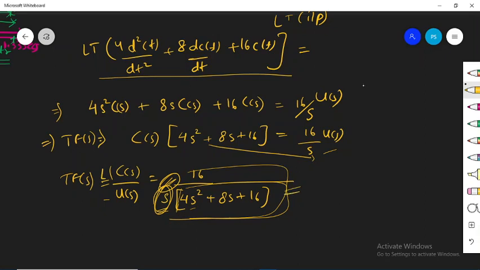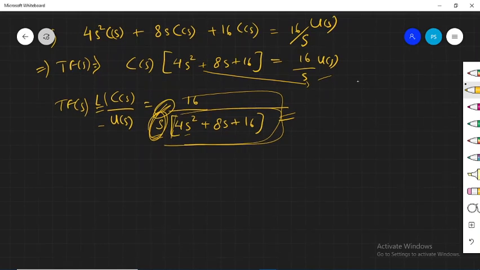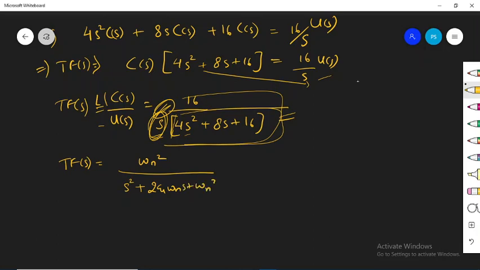Now, one essential point that you should always remember, we have got the equation of transfer function over here, and now we can have the generalized transfer function of the second order system. We already know that it's defined as omega n square divided by s square plus 2 zeta omega n s plus omega n square. Now you can observe over here that the coefficient of s square is always kept as 1.